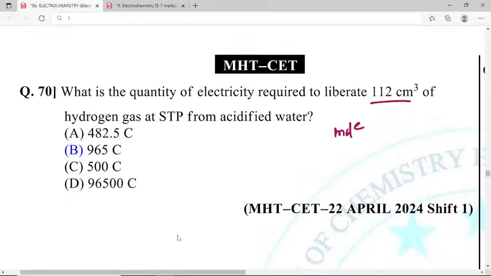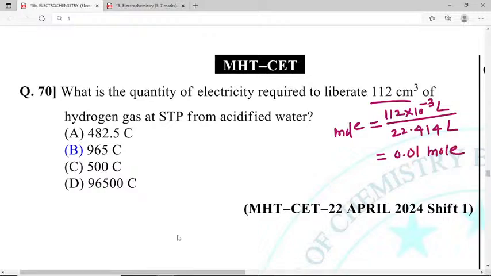Mole is equal to 112 times 10 to the power minus 3 liter divided by 22.414 liter, which is equal to 0.01 mole.